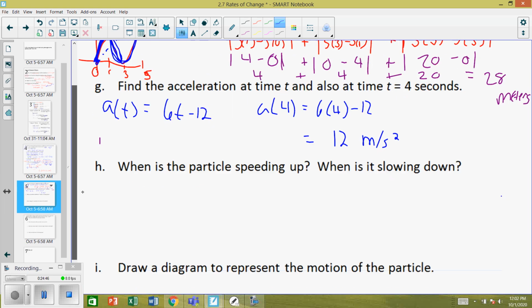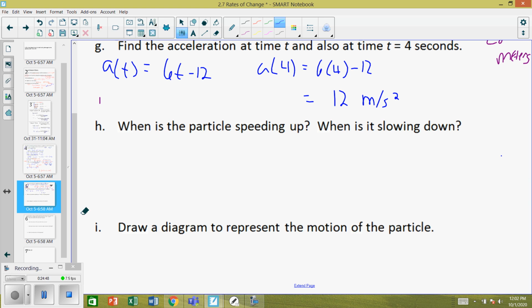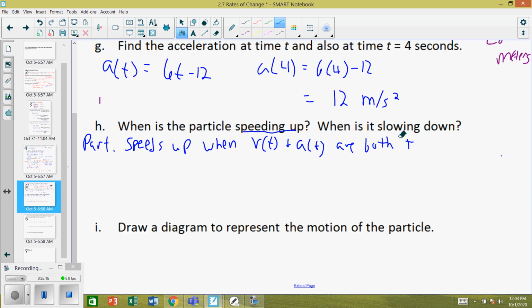So the justification here is pretty simple. It's exactly how we teach it. The particle speeds up when the signs are the same. So we'll justify it as: particle speeds up when V of t and A of t are both positive or negative.